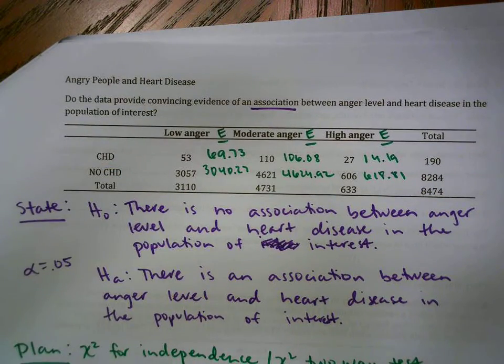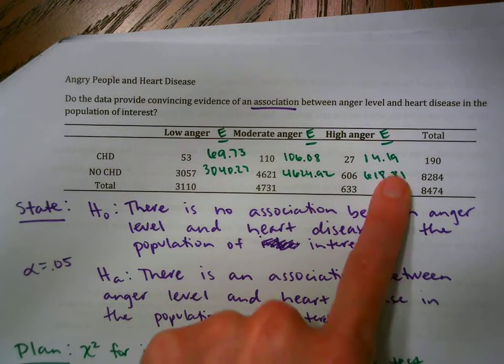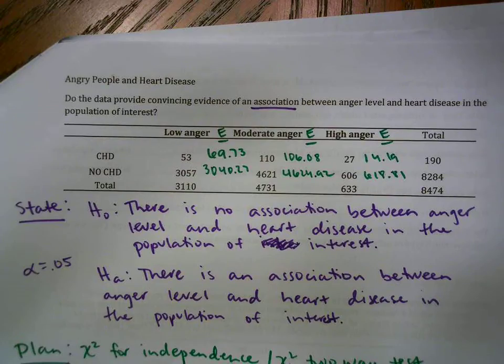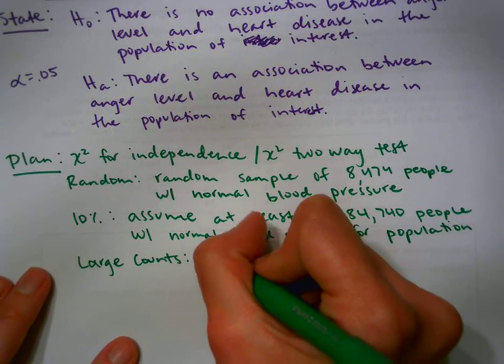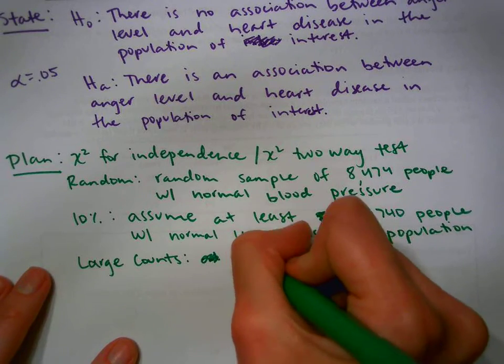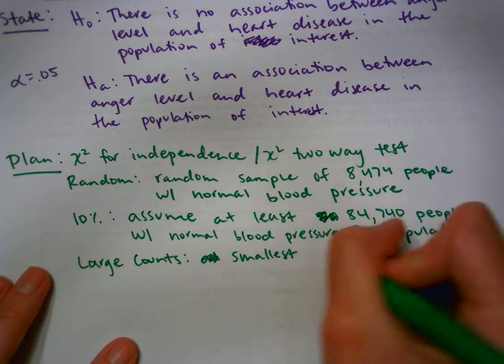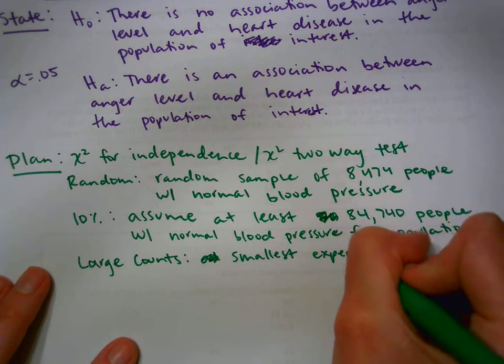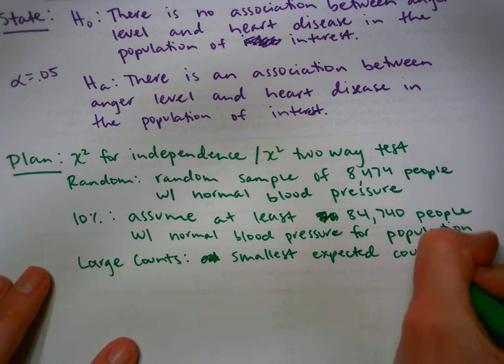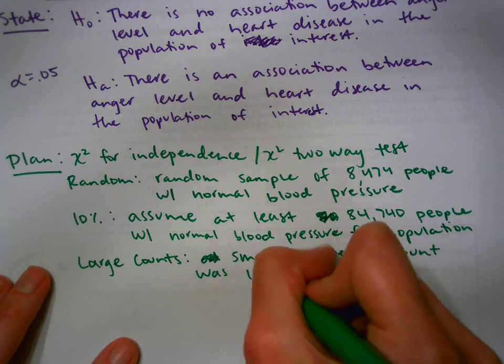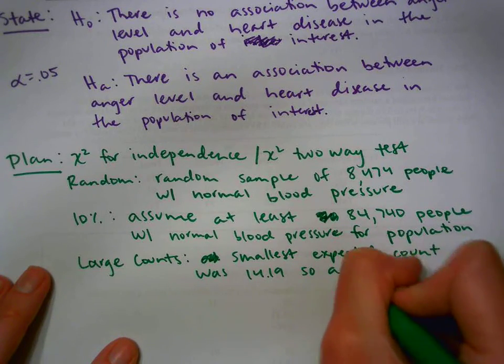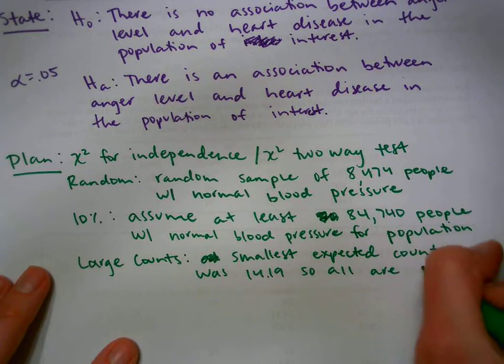If we notice, the smallest is 14, so they're all greater than 5. I'm going to write down here: the smallest expected count was 14.19, so all are greater than 5.